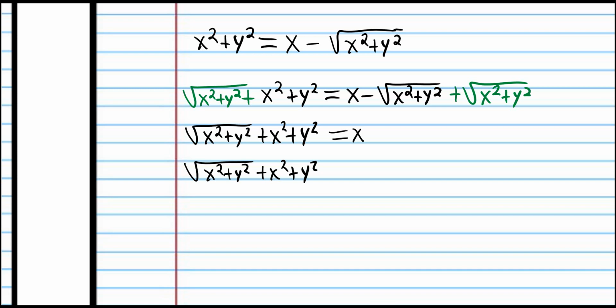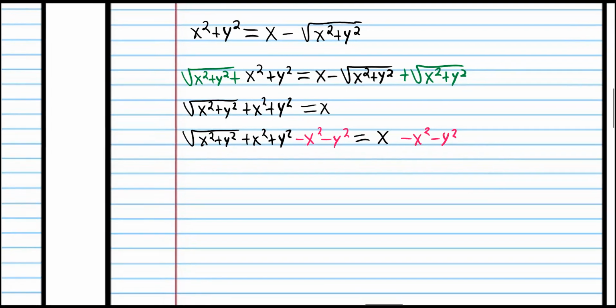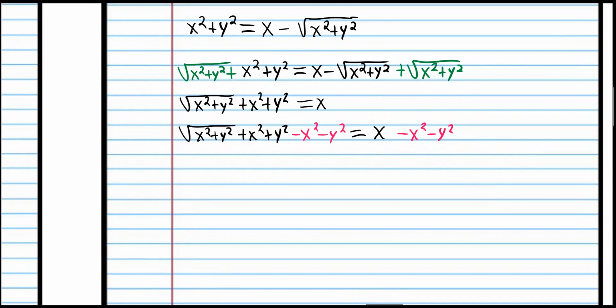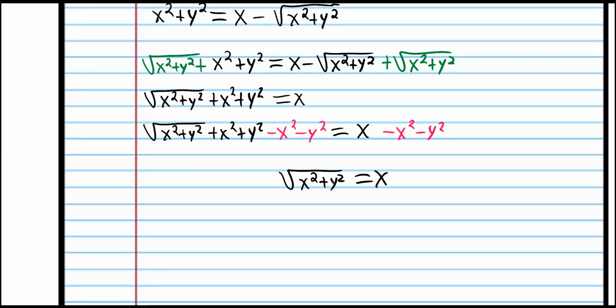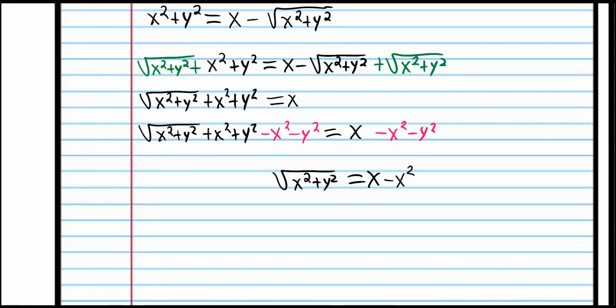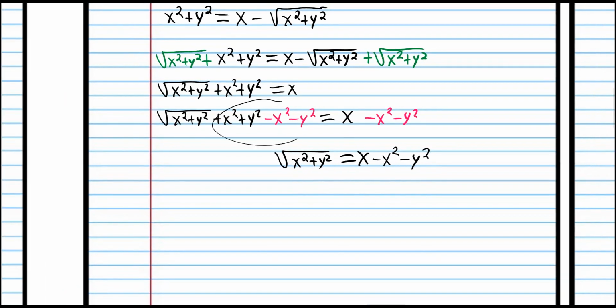So I'm going to subtract x squared, and I'm going to subtract y squared from both sides. So now we have the square root of x squared plus y squared is equal to x minus x squared minus y squared. So these all cancel out.